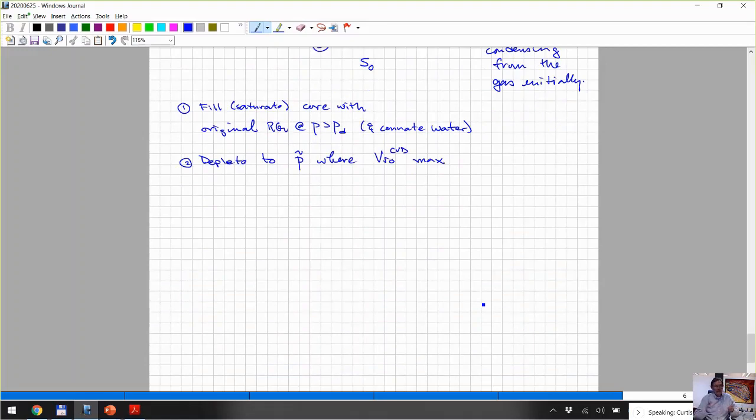Or you might pick a pressure, and let it equilibrate overnight.